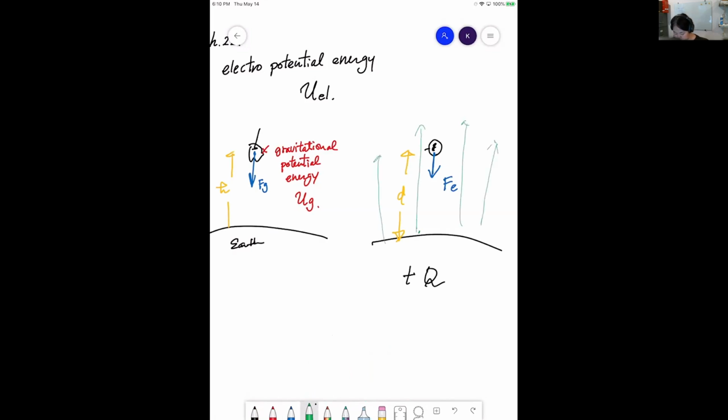And because the little q is negative, it turns into the opposite direction. The force will be in the opposite direction. But anyhow, this force equals qE, and because q is negative, the direction flips.